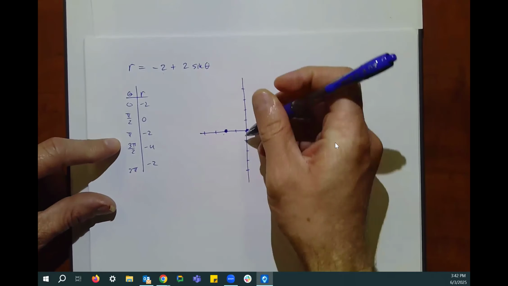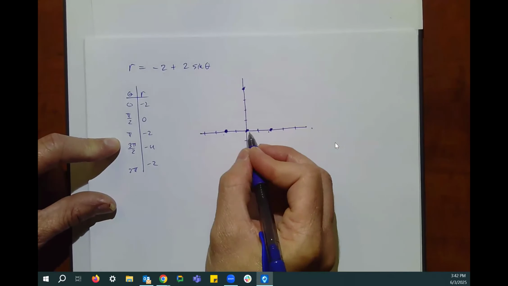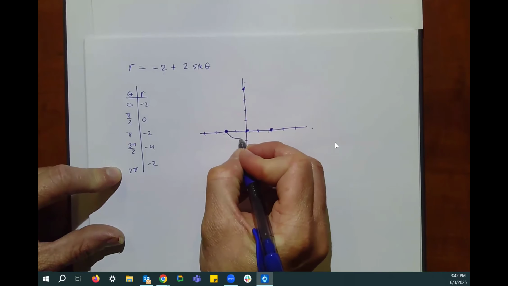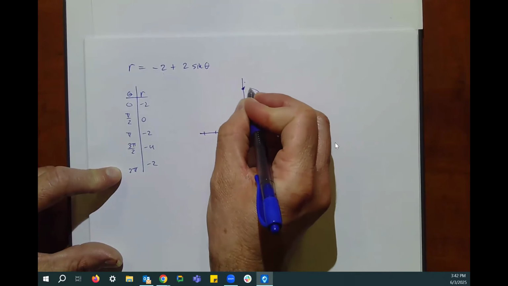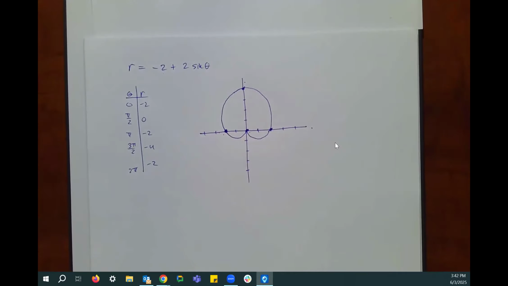When my angle is 3 pi over 2, I get -4. So here, then here, then here, then here, and then back to here. So it's going to look like this. Still the same shape, just oriented differently.